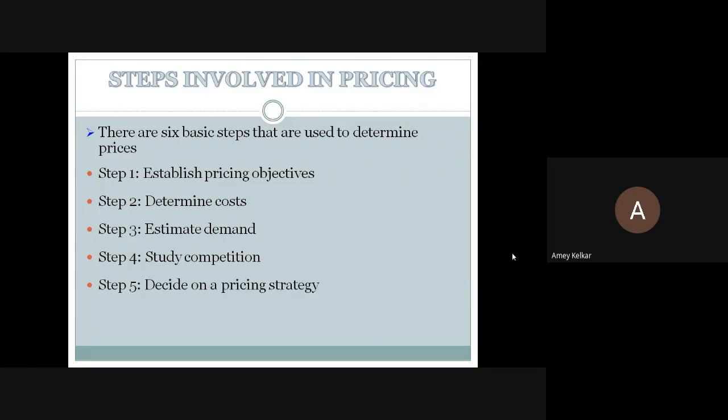Then decide on a pricing strategy. How will your pricing strategy be? Will you go ahead with fixed prices or with some changes? Are you able to accept the pricing strategy? All these things have to be fixed by you. Say, for example, in a residential building all the flats are sold and only the last one or two flats are remaining.